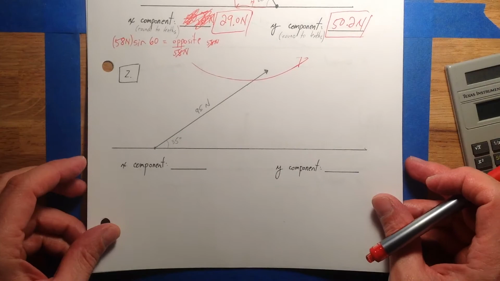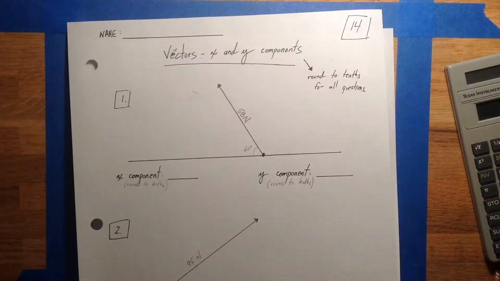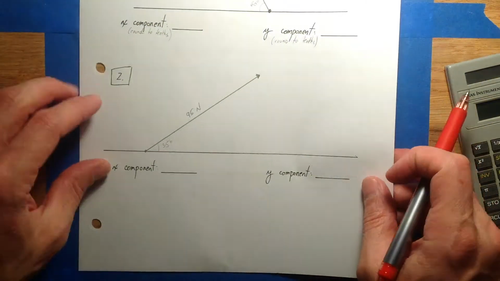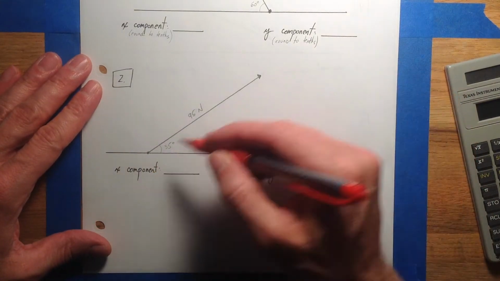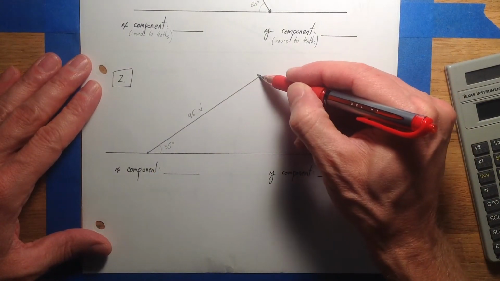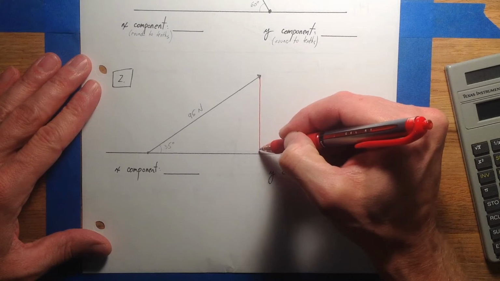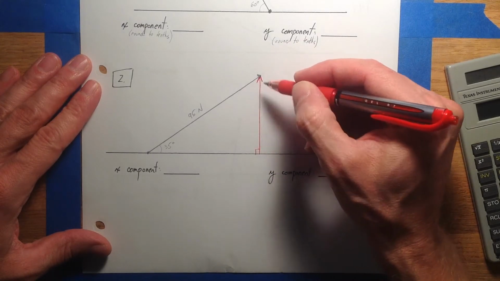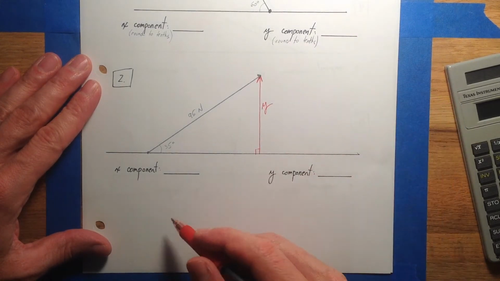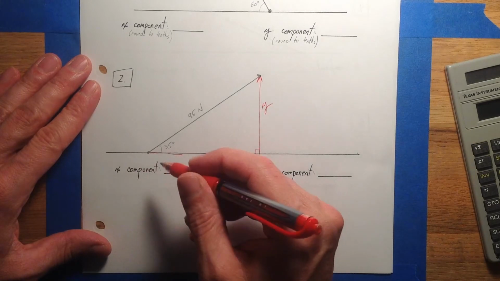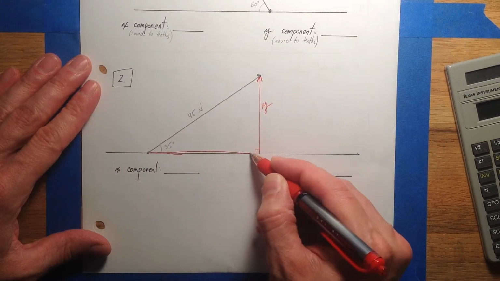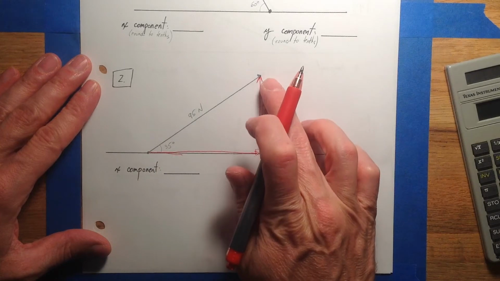Second one, number 2. Let's do a nice cleaner copy of number 2 right here. In this case the arrow goes a different way, that shouldn't matter. If that's a right angle, this is the y component, and then the x component. If you remember adding vectors in class, it's as if you had this and this head to tail.